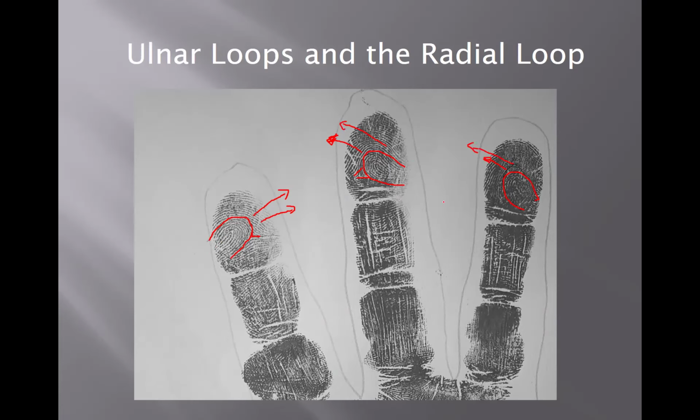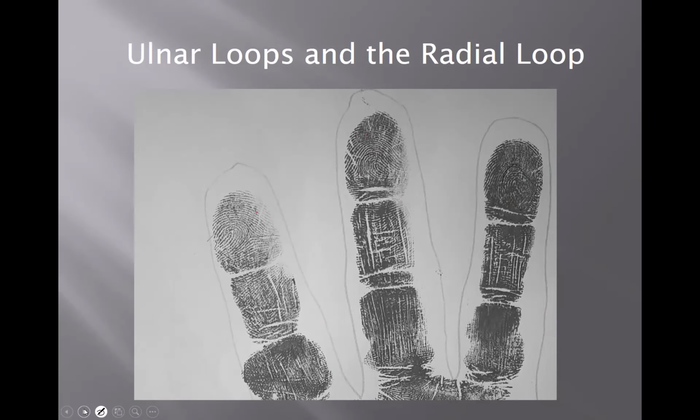So the directionality of the loop is really, really important, and in terms of its psychological significance, certainly. But that's how you tell the difference between a radial loop and an ulnar loop: simply the direction. There's a loop formation. It has one triradius, but the directionality is completely different.